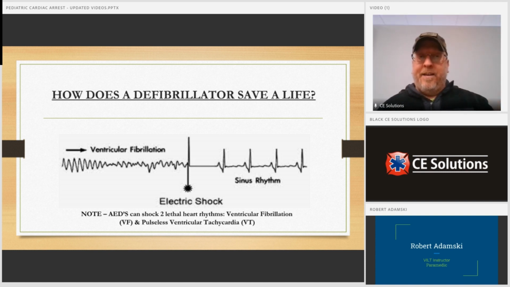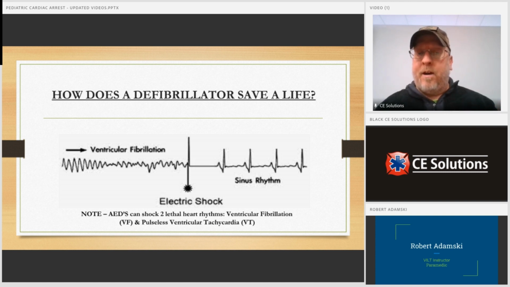What you guys need to know is that one of the most common lethal rhythms is VFib or ventricular fibrillation. And the other one that defibrillators can work on is pulseless ventricular tachycardia, or VTAC.